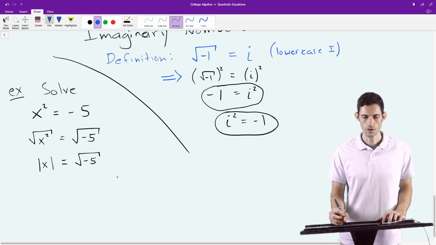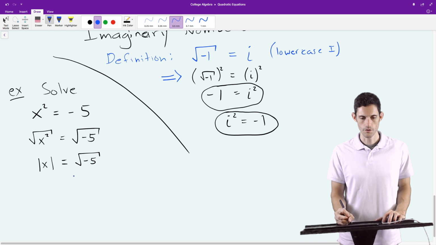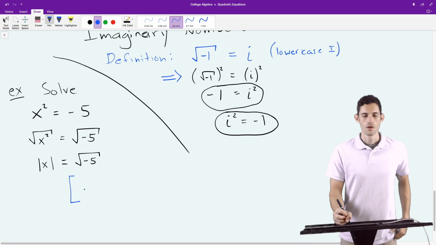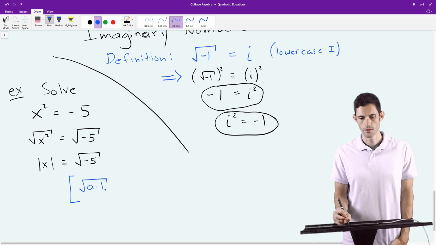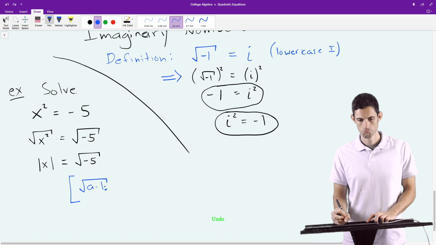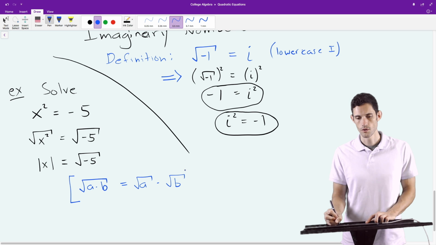Now let's do a little theory in here. If I have the square root of one number times another number, that's equal to the square root of the first number times the square root of the second number.